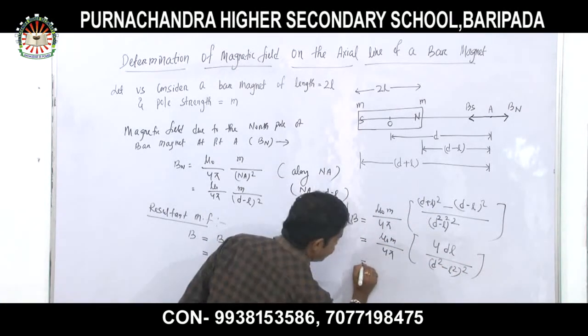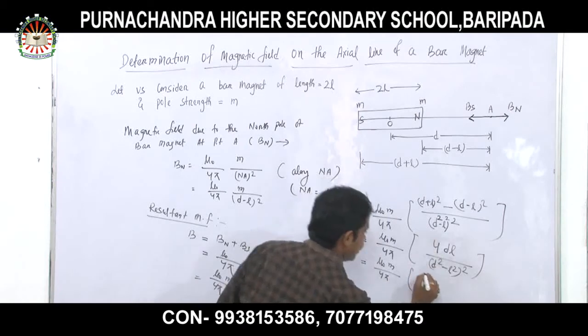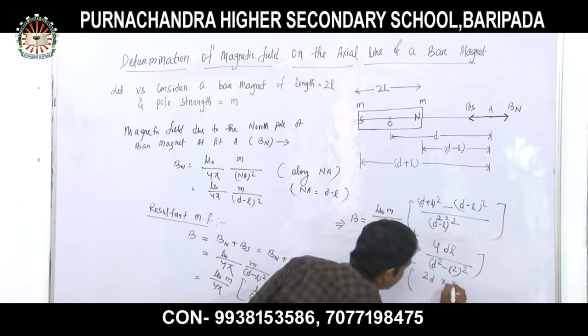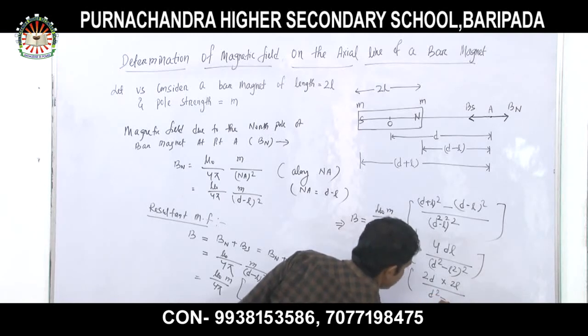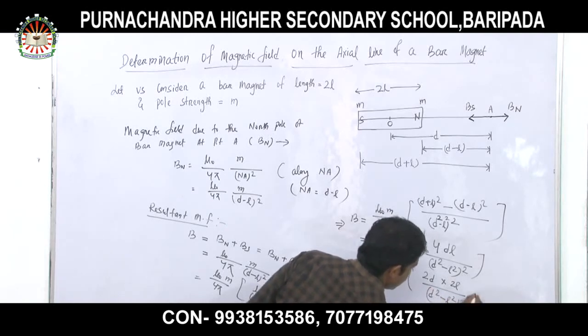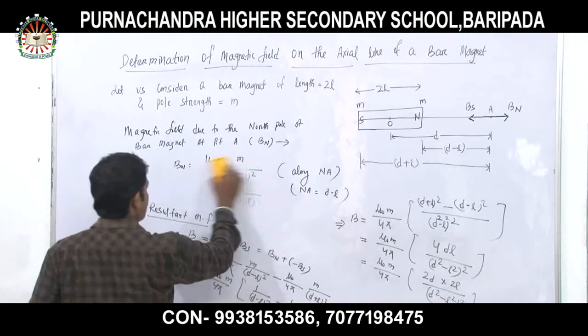Clear? So that is equal to mu 0 m divided by 4 pi. I can split it 2D into 2L. Very simple. So that divided by D square minus L square whole square. Understood?